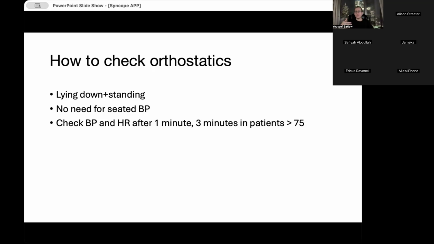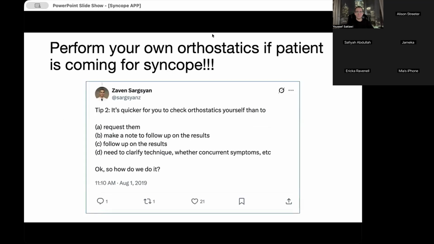There's no need for an intermediate level where you sit them up and check in between. So it's only lying down and standing. For most patients, you can check it after 1 minute. For older patients over 75, you can wait 3 minutes because some of these patients have delayed orthostatic hypotension.